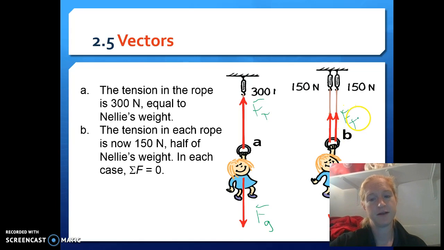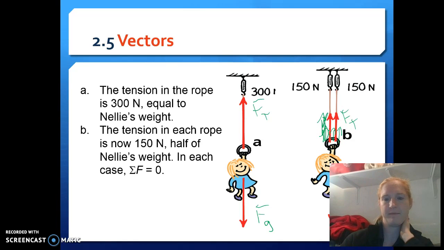So it's basic math here. If I added a third one, each one would be even shorter. If I did 3 ropes, they'd have even less size, because she is splitting her weight among 3 ropes. We could go on and on.